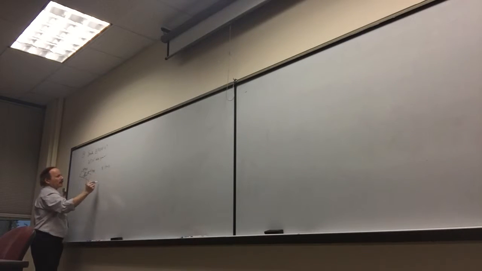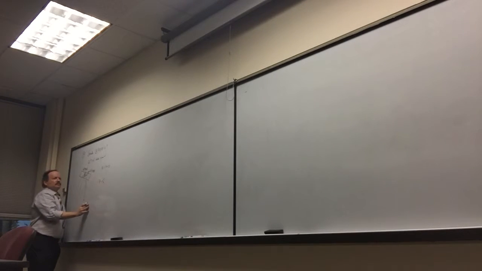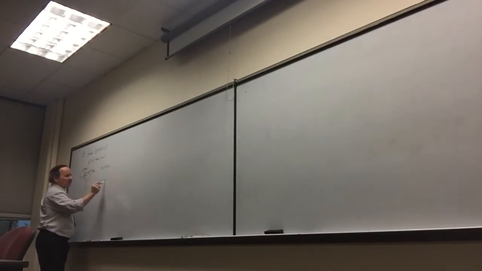t minus 93. What is this r vector? Is it 0, 0, 1? t minus some t naught, right?